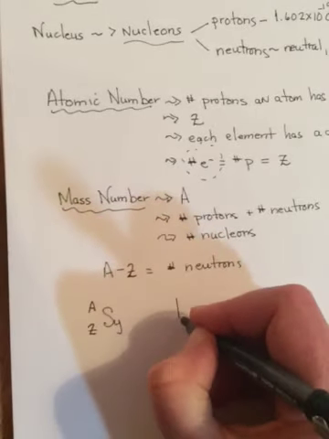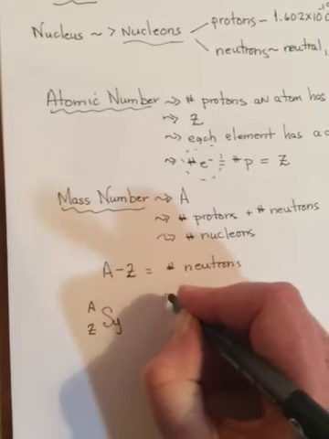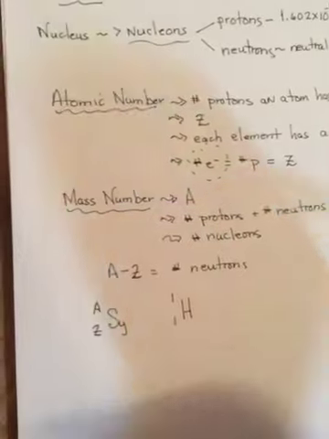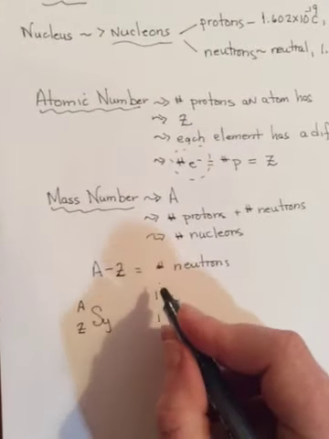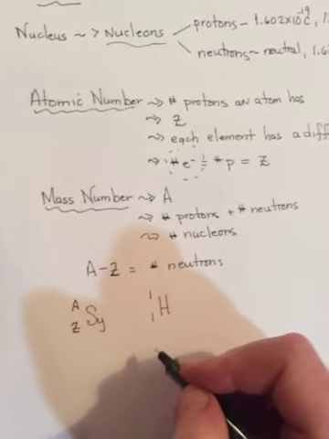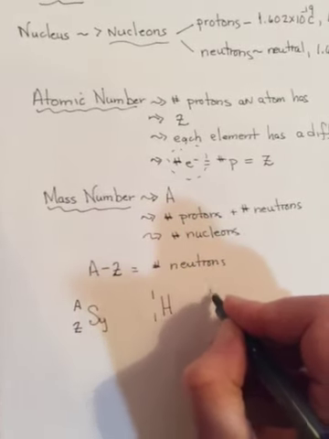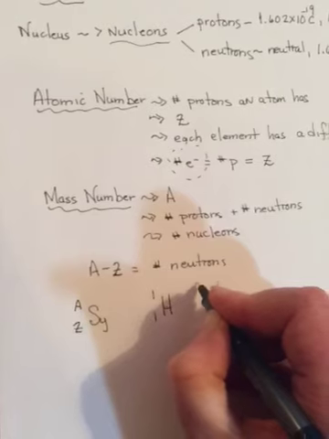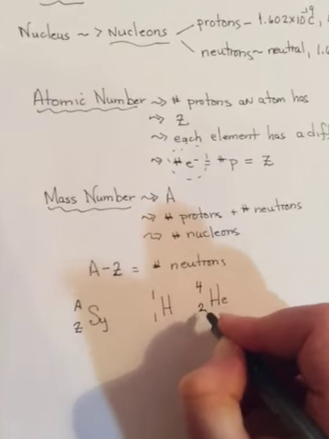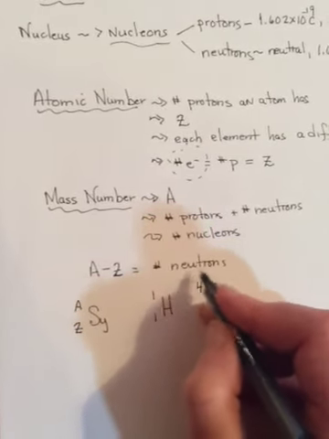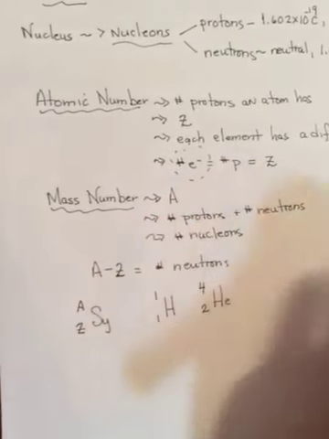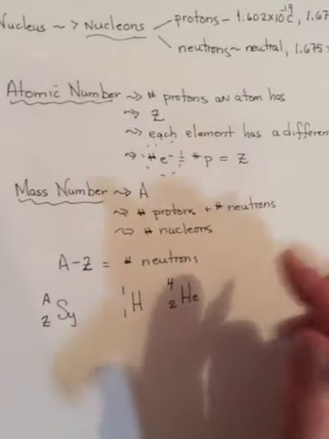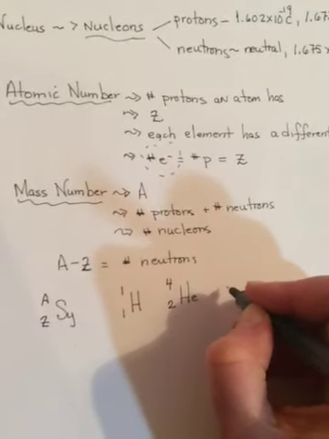So what I just said to you was hydrogen. The most common isotope of hydrogen is 1,1. So it has 1 proton and 0 neutrons. Helium, we would write as 4,2. So 4 nucleons, 2 protons, 2 neutrons. Now the number of protons and the number of neutrons do not always need to match.